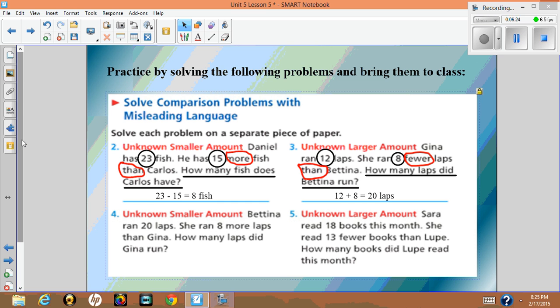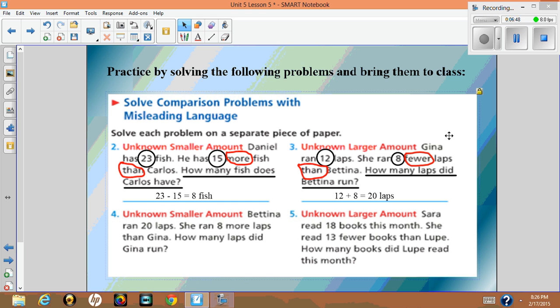Daniel has 23. We're going to subtract 15 from 23 because he has 15 more than Carlos, and our answer is 8 fish. 23 subtract 15 equals 8 fish.